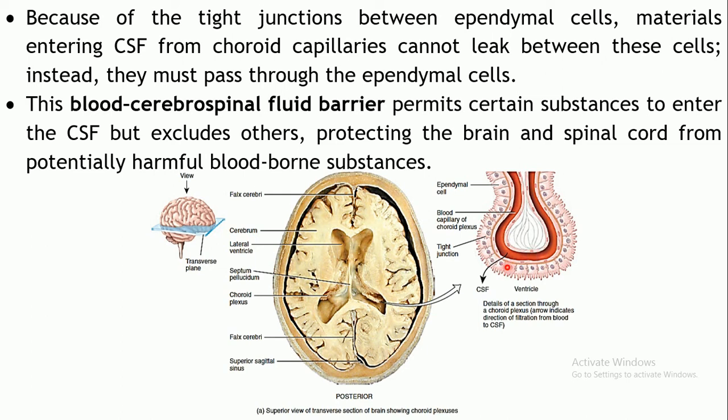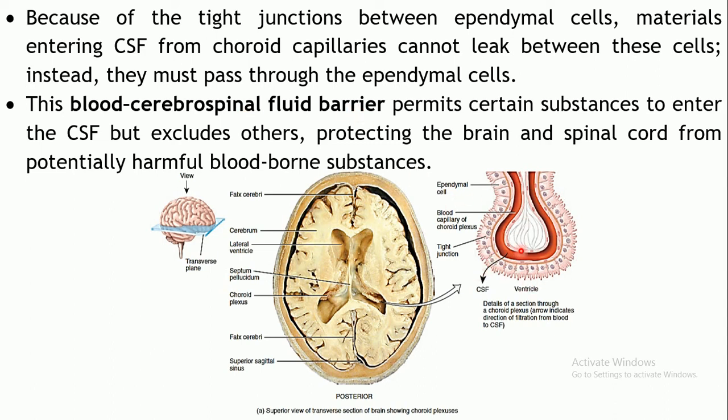Okay, so because of these tight junctions, any substance cannot pass in between these ependymal cells. So this particular structural arrangement forms a blood cerebrospinal fluid barrier, blood CSF barrier. Just like the blood brain barrier, there is a blood CSF barrier. Because what did I tell you about this?